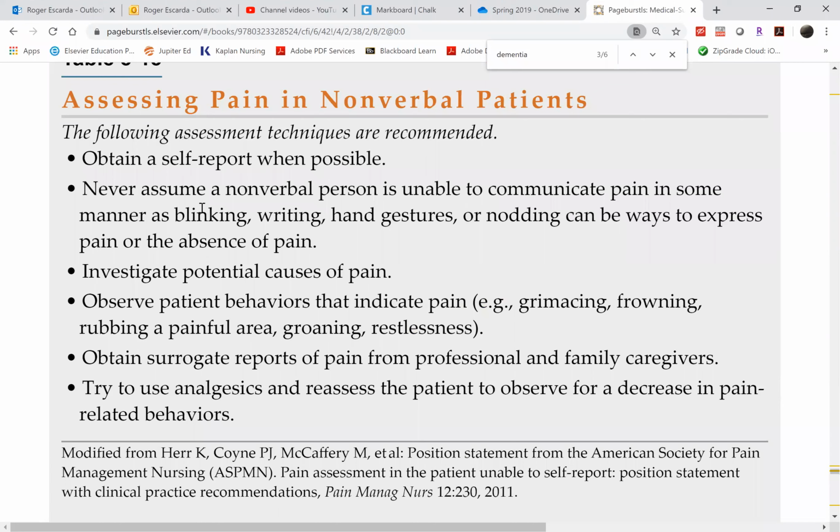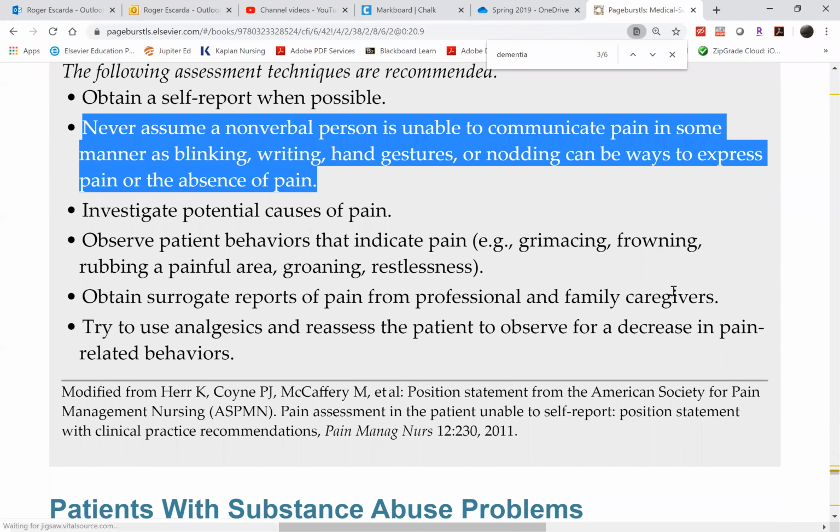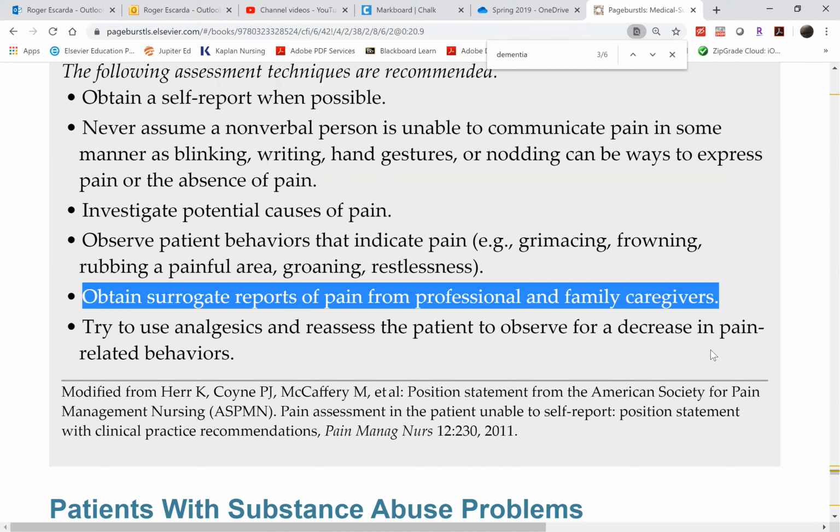For instance, never assume the patient is unable to communicate. Or this one: is it acceptable to obtain information from caregivers about pain? What does this say though? Caregiver reports of pain from professional and family caregivers.